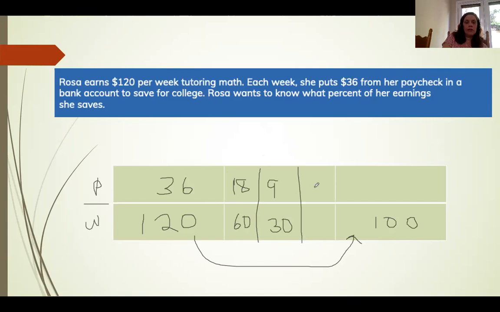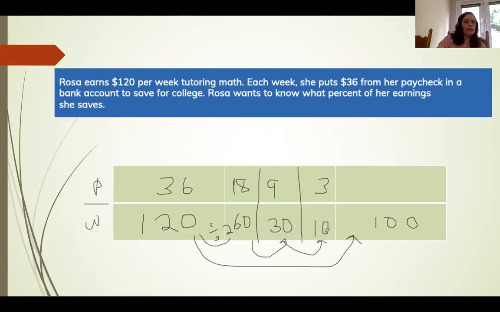I can divide by 3. I see exactly what I needed to do. I can divide by 3, and I get 3 over 10. Okay, so all I did was divide by 2, divide by 2 again, and then I divided by 2 again, till I got something that I could work with.